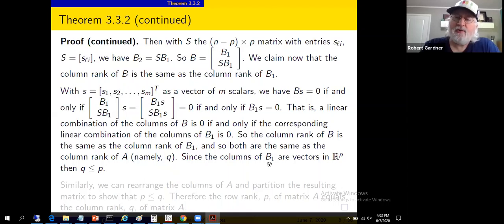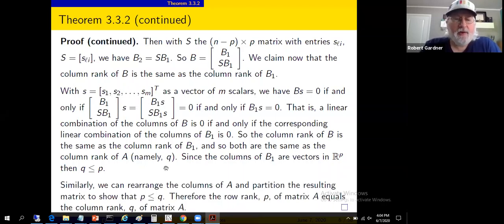We know those columns form a linearly independent set of Q vectors. If you take vectors from R^P and they're linearly independent, you can't have more than P of them. So the number of linearly independent columns of B1, that is Q, must be less than or equal to P. So we went through this argument to get that the column rank of A is less than or equal to the row rank. That's what we got out of that.